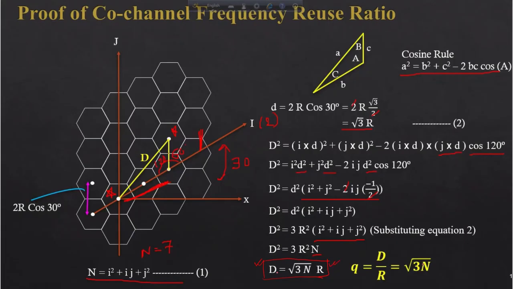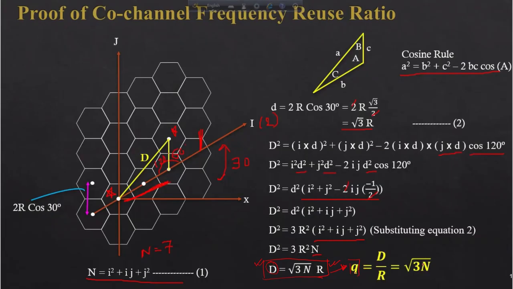From this equation, we are going to determine the relation for the frequency reuse ratio, which is small q, denoted by capital D by capital R. From the value of D, we are going to determine the value of small q, which is the reuse ratio.